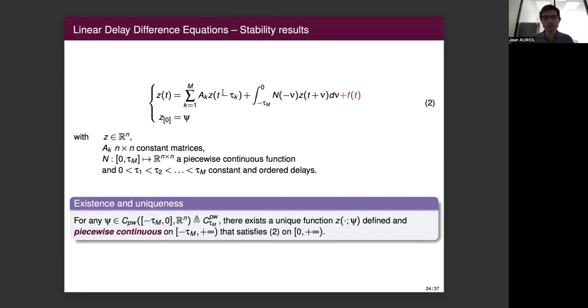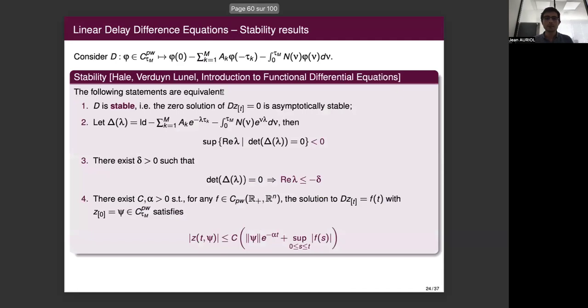Now, for this system, which is a difference equation we had previously, we know that if psi, for instance, is in this space of piecewise continuous functions, then there exists a unique solution that will be piecewise continuous. So it's just existence and uniqueness of the solution. This class of equations has been well studied in the literature, in particular by Hale and Verduyn Lunel.